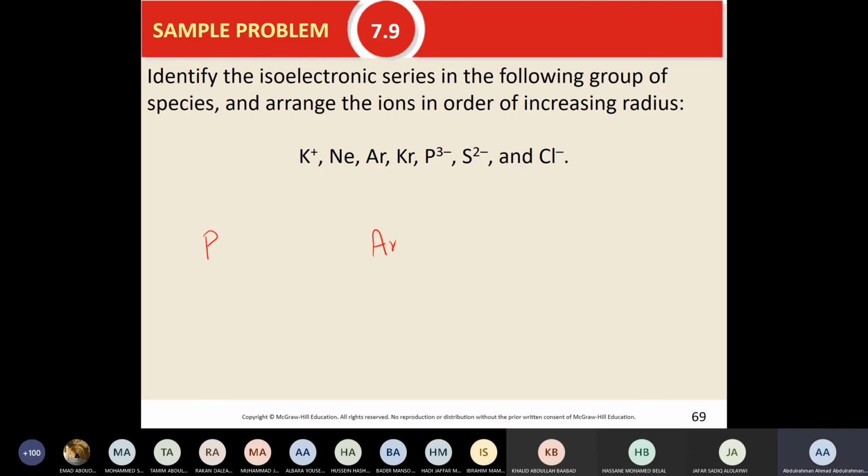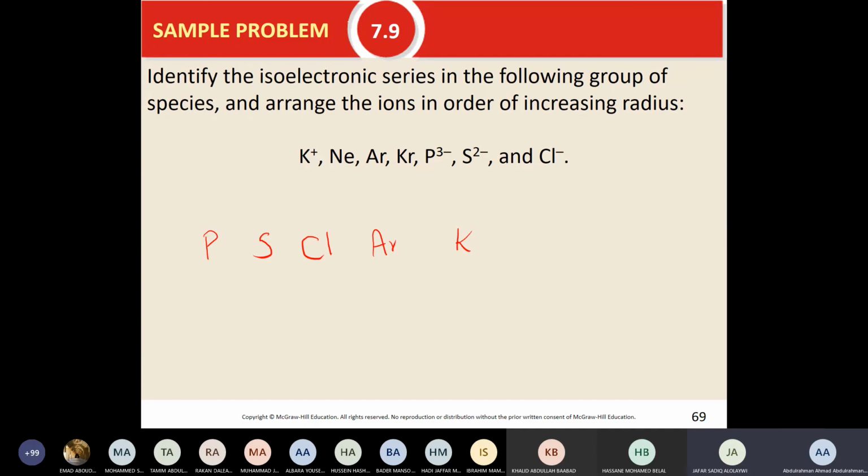What comes after phosphorus? Silicon, and then chlorine. And what comes after argon? K, potassium. All right.